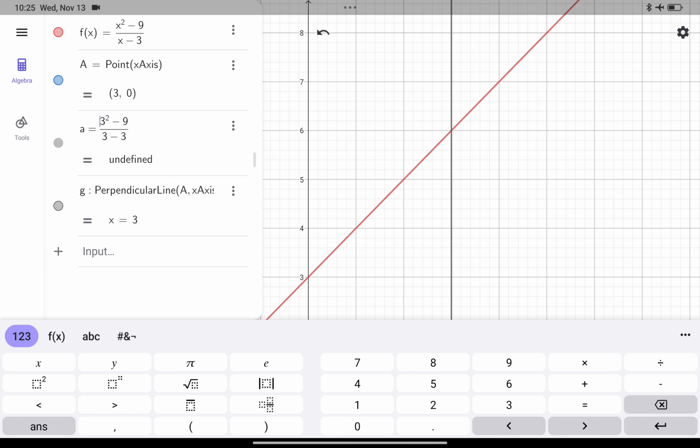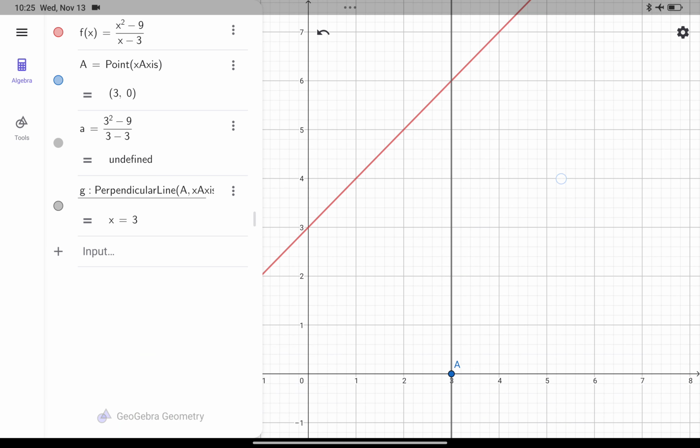It's supposed to be 6. Why is that? That seems correct. The answer is that the domain of this function doesn't allow you to use 3, but we can use the concept of the limit by approaching, exactly what we used before.